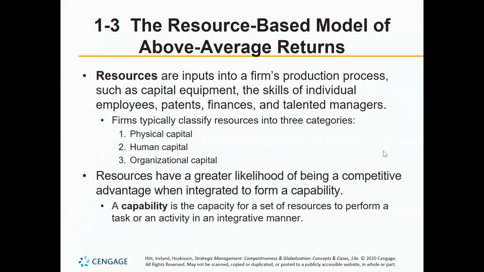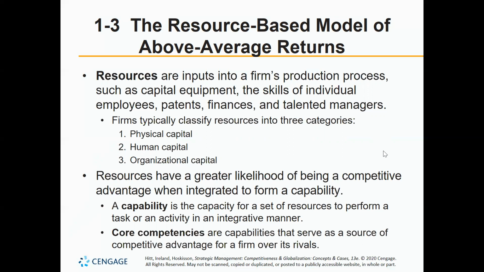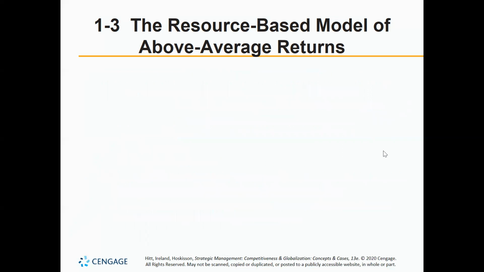Resources have a greater likelihood of providing a competitive advantage when integrated to form a capability, which is the capacity for a set of resources to perform a task or an activity in an integrative manner, essentially resources used to accomplish a goal. Core competencies are the capabilities that serve as the source of competitive advantage for a firm over its rivals.